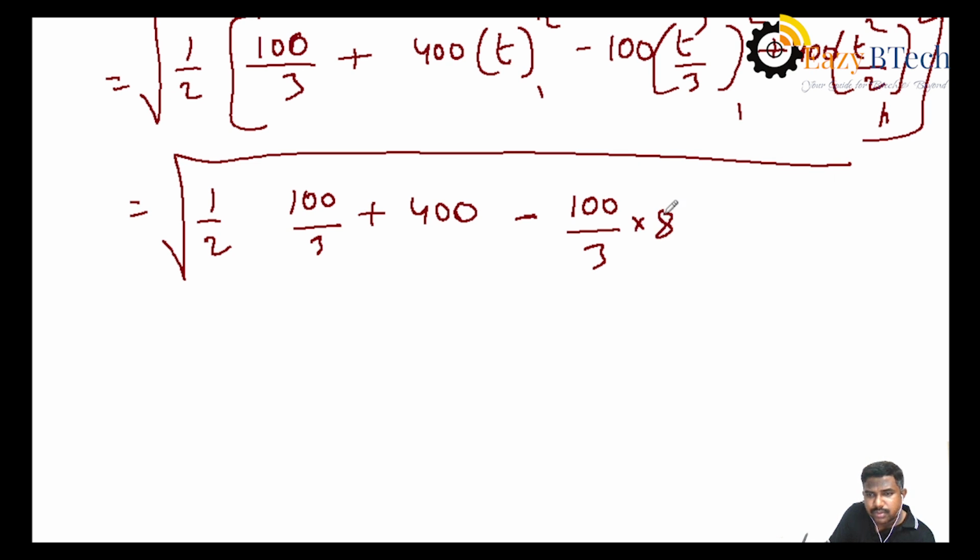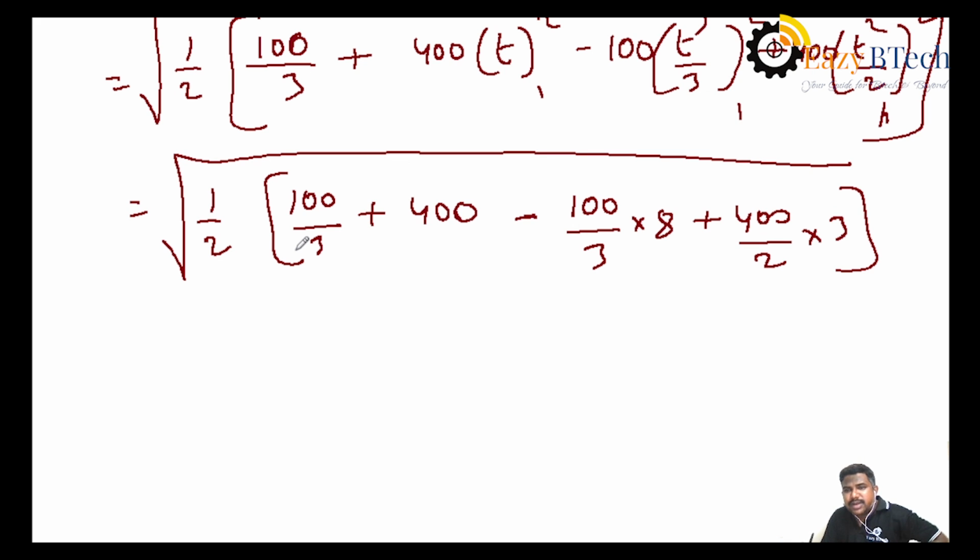Then into 8, plus 400 by 2, t square, 2 square, that is 4 minus 1, that is into 3. Okay. After applying limits, the t square is nothing but 2 square minus 1 square. So therefore, minus 1, 3.